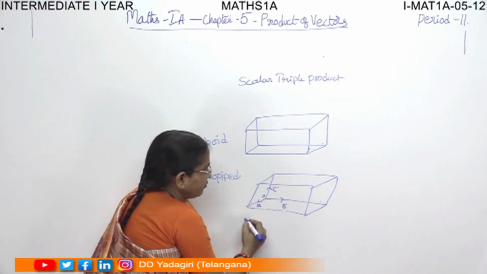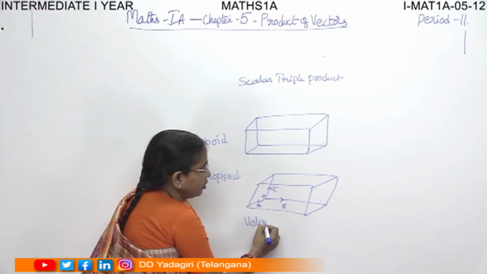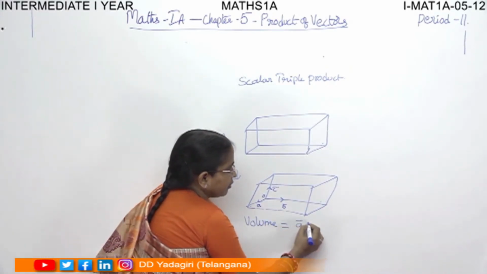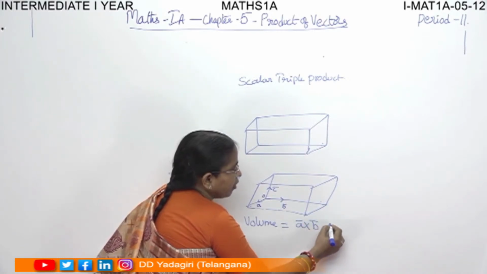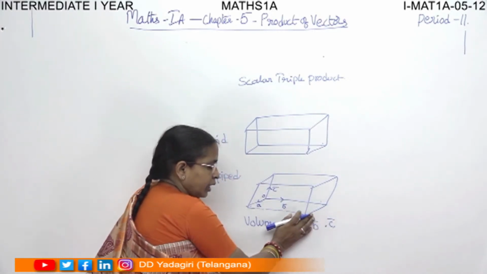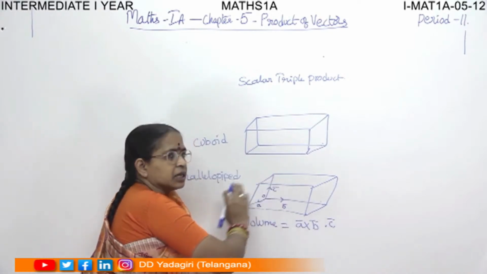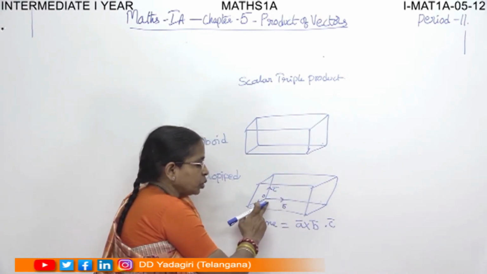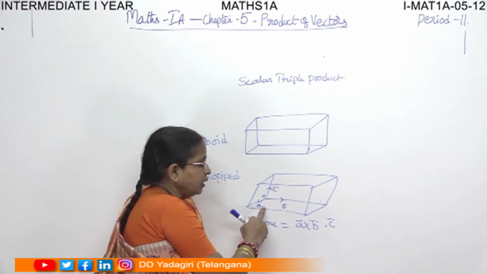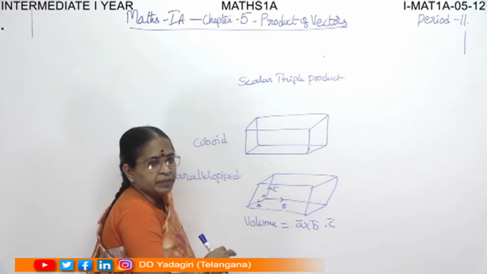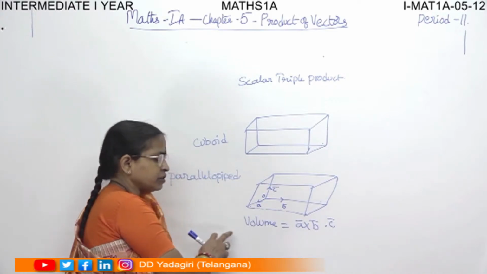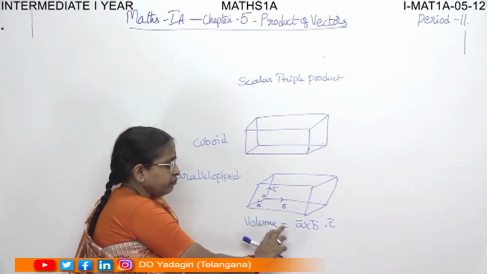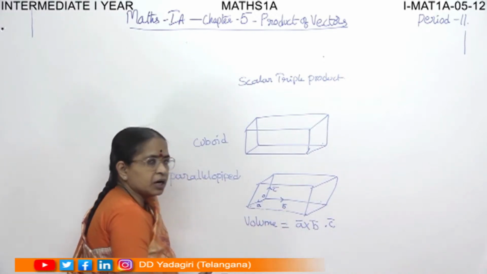Then the volume of the parallelepiped is given by A cross B dot C. So A cross B dot C is nothing but the volume of the parallelepiped whose coterminous edges are A, B and C. The proof is also there, but that is not required for you. You just learn the formula A cross B dot C.